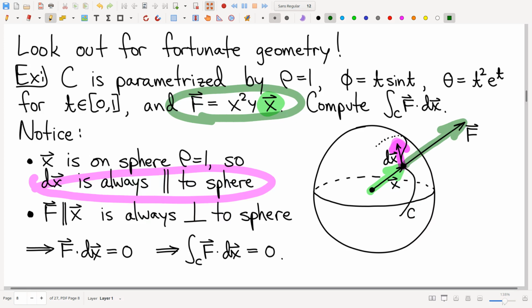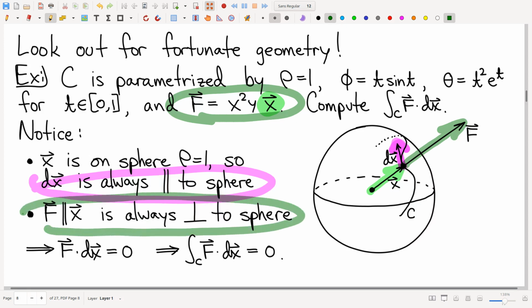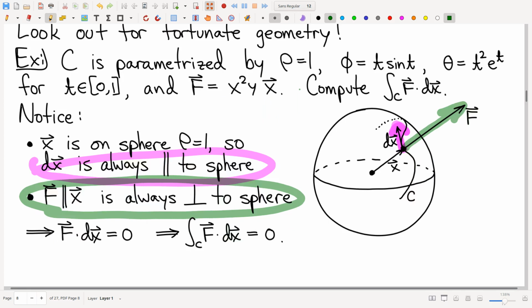Right? Which means that our vector field is always perpendicular to that sphere surface. So now again, let's get rid of all the distractions. What we really need now is to keep in mind we're looking at f dot dx, the dot product.